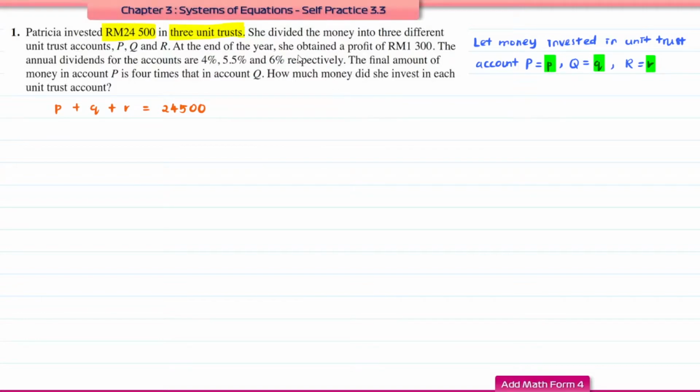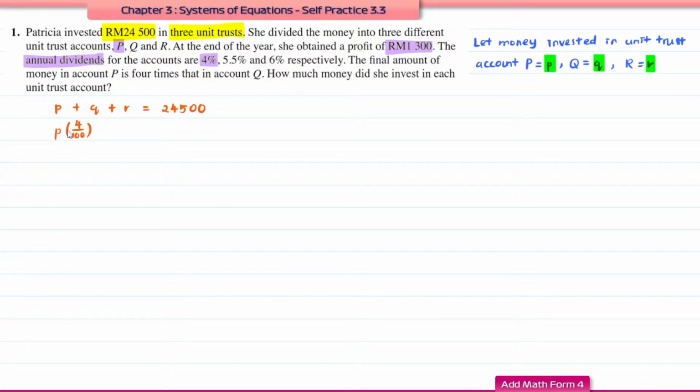Next, we can obtain another equation based on the profit of 1,300 here. This profit is coming from the annual dividends. For account P, the annual dividend is 4%. To calculate the dividends for the money invested in account P, we multiply the money invested in account P with 4 over 100.